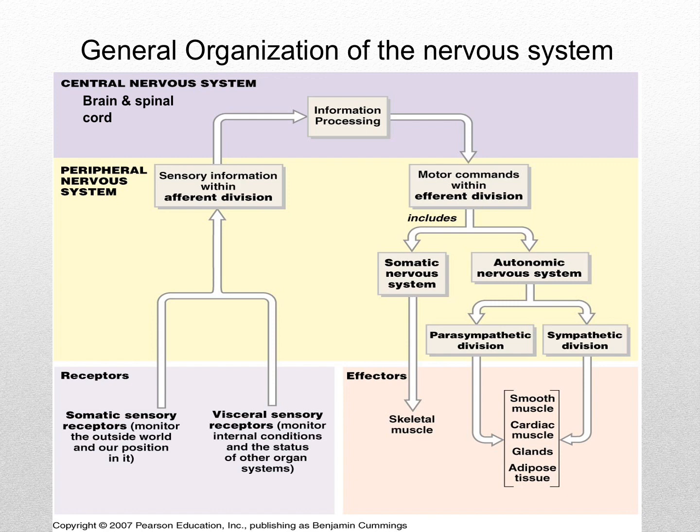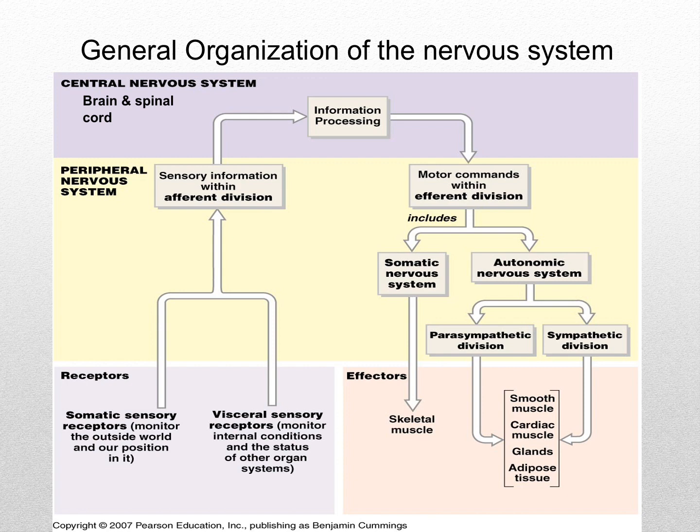We see that they go up. We see something called receptors, somatic sensory and visceral sensory, and then they go up towards the peripheral nervous system, towards the central nervous system, and then we see information processing, and then it goes down towards motor commands, and then that goes all the way down towards effectors. So that's the direction of the organization.